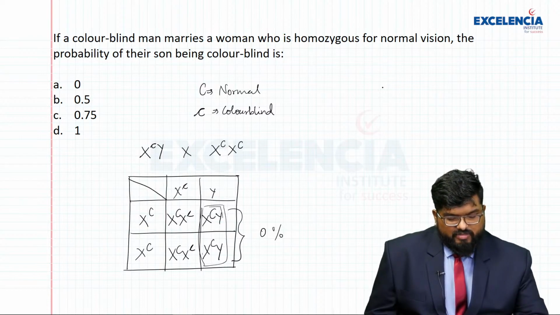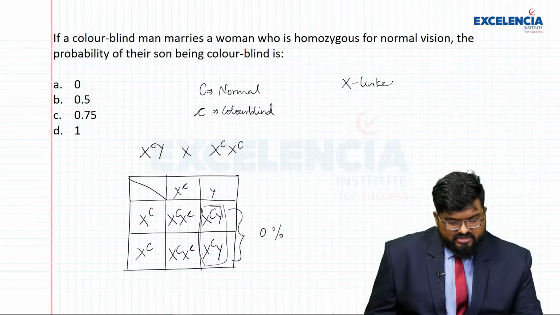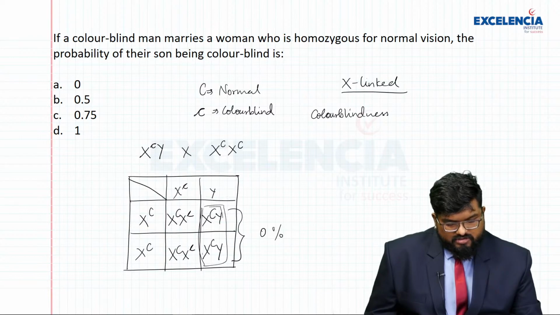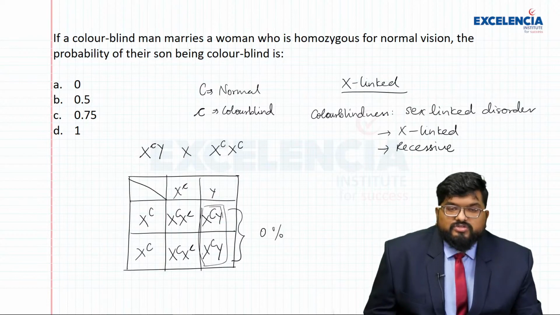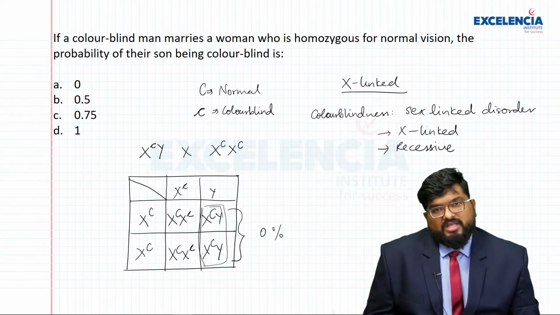Understood this? So remember, with X-linked inheritance, this is X-linked, isn't it? Colorblindness is a sex-linked disorder. But which one? X-linked, and it is a recessive disorder. So it can be seen only in homozygous condition, but where? In females.